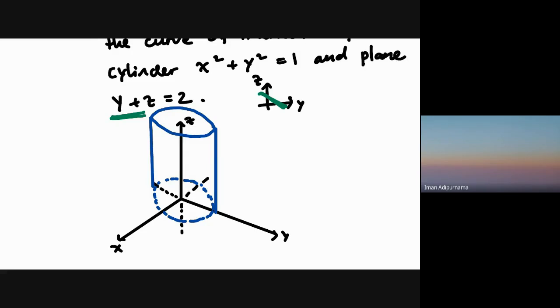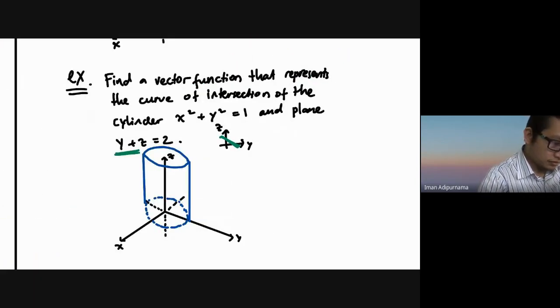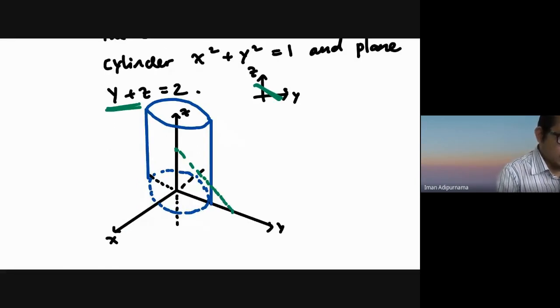Okay, so y plus z equal to 2, the plane will be in this line. Okay, let me draw the line. And it will be cutting like that.